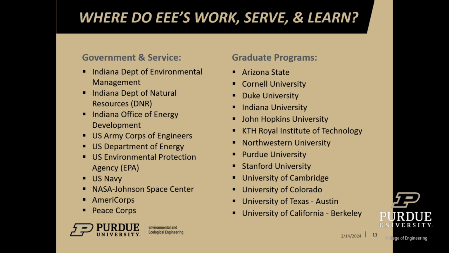We've had students graduate from EEE and go on to Duke, Johns Hopkins, Stanford, UC Berkeley. So again, if you came to Purdue and you have a goal that you want to get a higher degree, such as a master's or a PhD, think about Purdue. Think about our combined degree program, but you definitely also have good opportunities ahead for you if you want to go elsewhere.